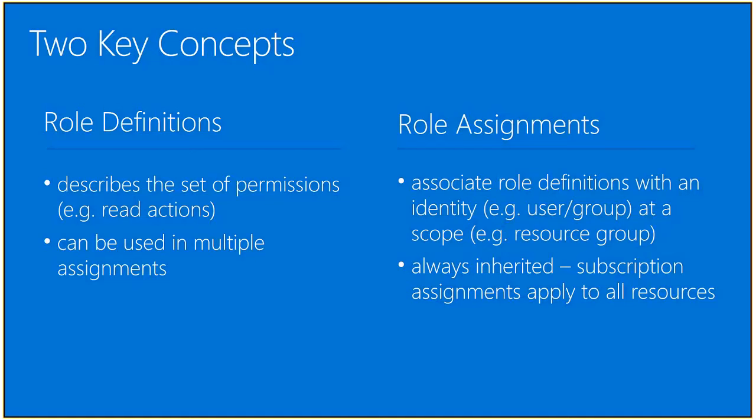For example, you can have a DB admin with read and write access to all your DB resources. Then role assignment associates a role definition with an identity at a scope. So you can say Mike is a DB admin for this resource group only.